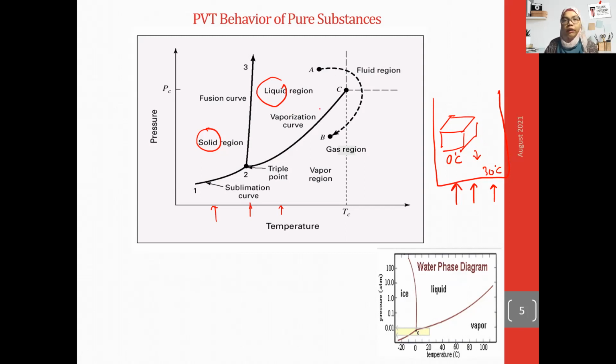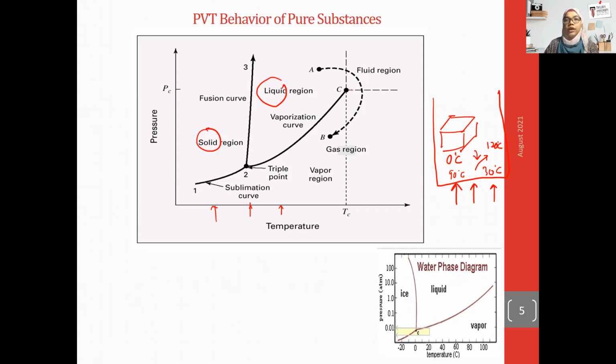And then if we increase more, maybe up to 90 degrees Celsius, it will start to vaporize. If we increase the temperature up to 120 degrees Celsius, all the water in the liquid region will turn to gas or vapor, right?